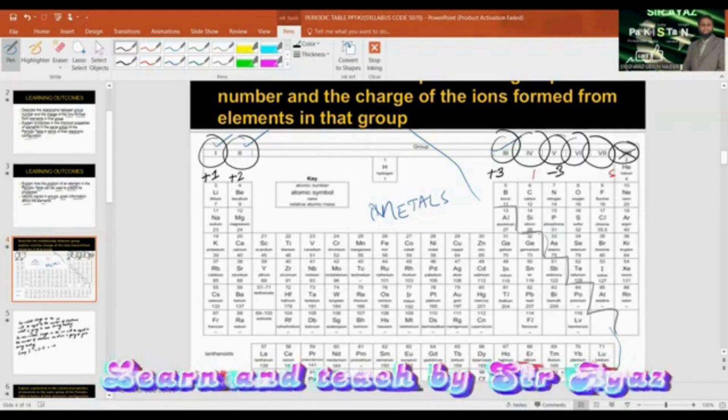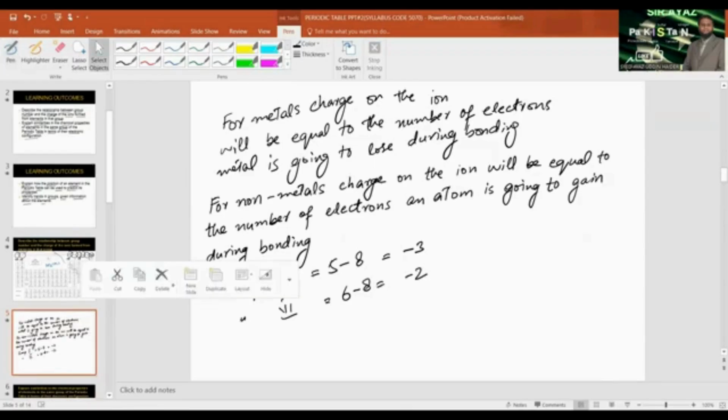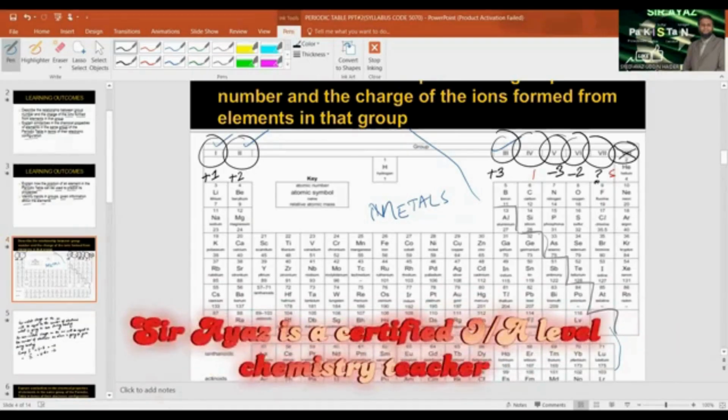For group 6, 6 minus 8 gives minus 2. Can you predict the charge of the ion formed by group 7? Group 4 will be plus or minus 4.